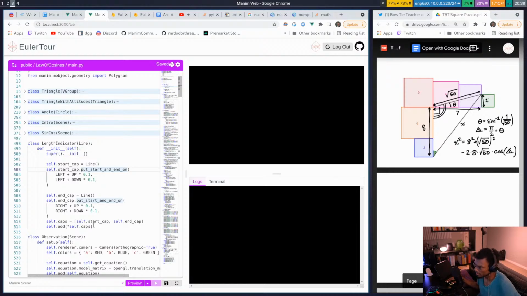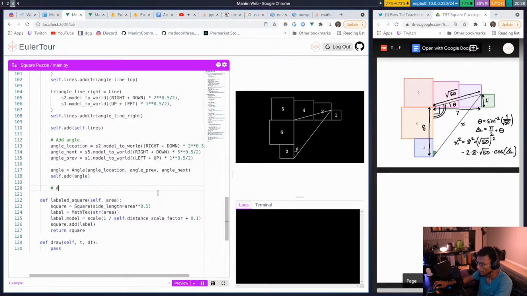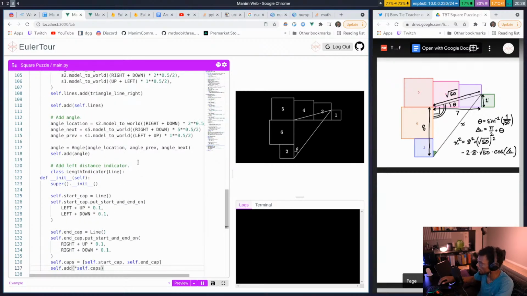But it'd be nice if this object had its own put start and end on function. Left distance indicator. Oh, well.